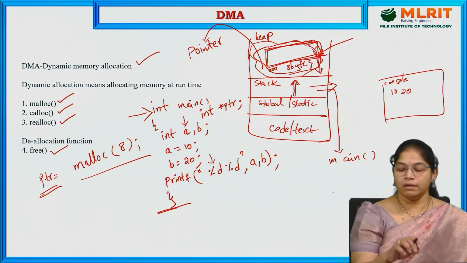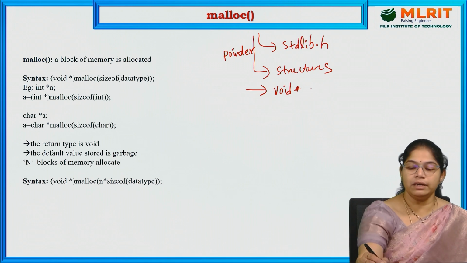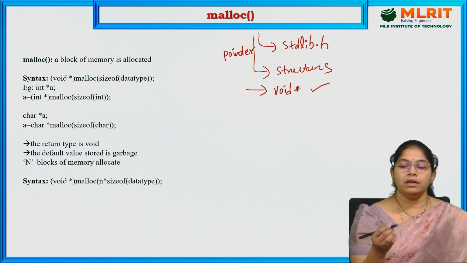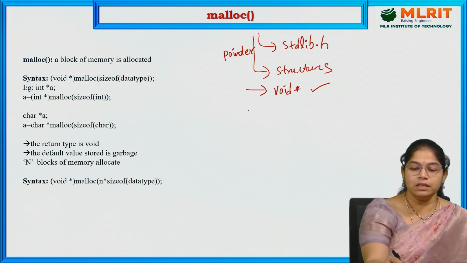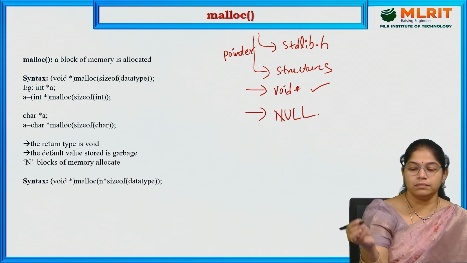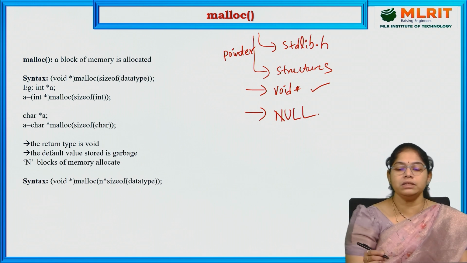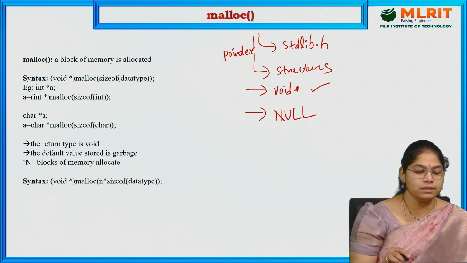So when the memory is allocated using malloc, it returns a void pointer. If the memory is not allocated successfully, then it points to null. Null means it is an invalid memory, or the memory doesn't exist.